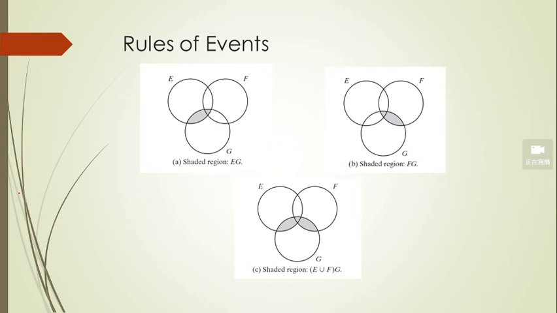Now we are going to show (E or F) and G. How can we write this one? Distributive law: (E or F) and G will be (E and G) union (F and G). Right? Let's use the graph to show that.